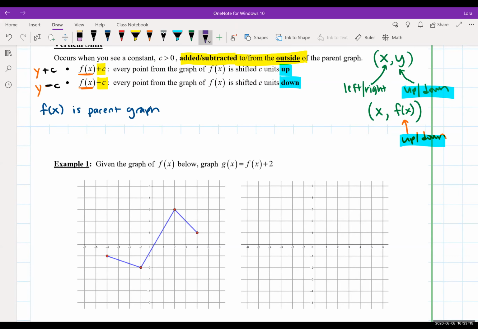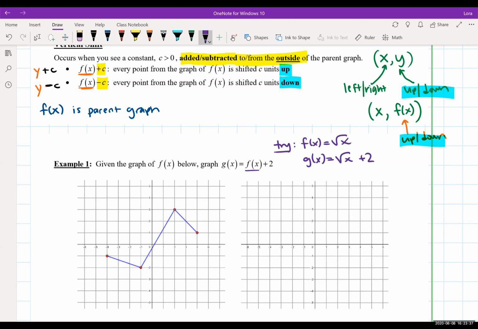So you might want to try f of x being square root of x. And then if they're trying to figure out what's being described, g of x is f of x plus 2. So that's square root of x, and there's a plus 2 on the outside.